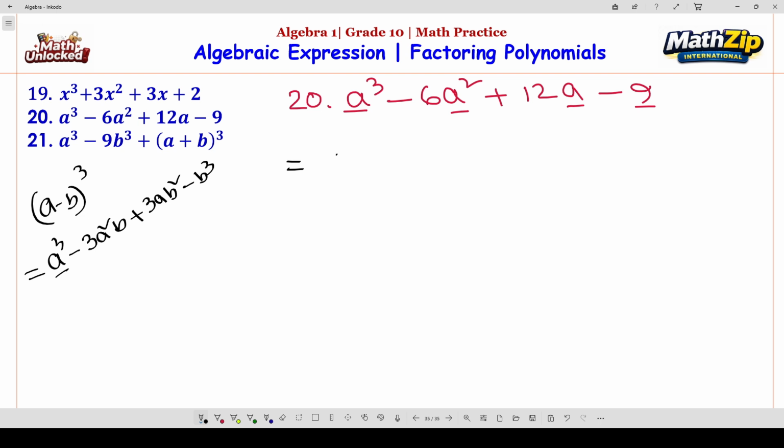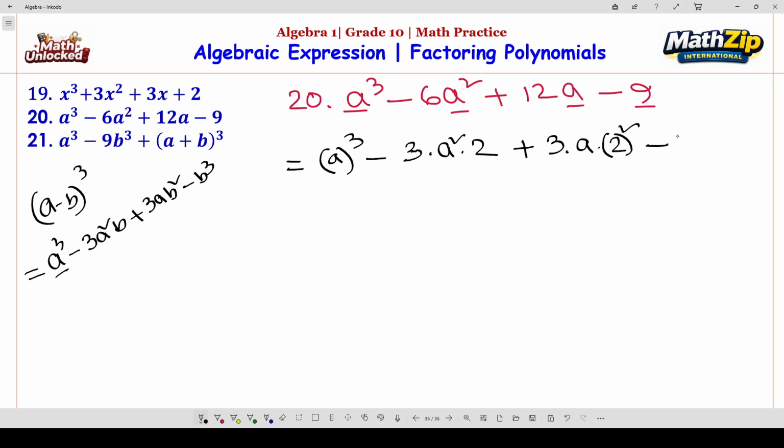First a cube, then minus 3a square and then b. So here we can write 2, because 3 times 2 is 6. So minus 6a square, plus 3ab square, and b square means 2 square, 2 square means 4, 4 times 3 is 12.